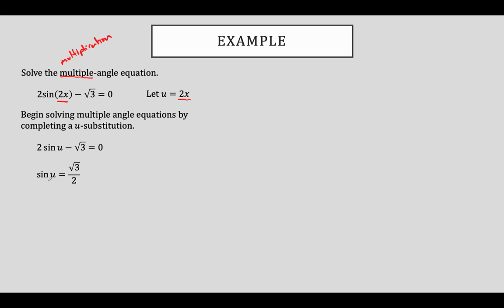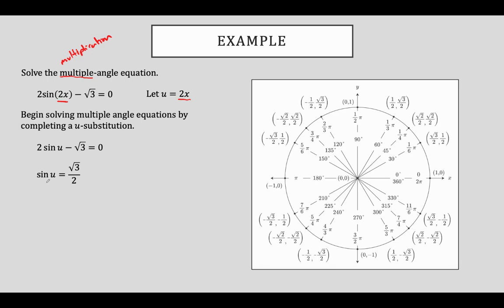And now that we have our trig function isolated, we can go to our unit circle to find the location of all of our solutions. Sine corresponds to the y-coordinate. That means we need to find angles that have y-coordinates of root 3 over 2. That's going to be pi over 3 and 2 pi over 3.